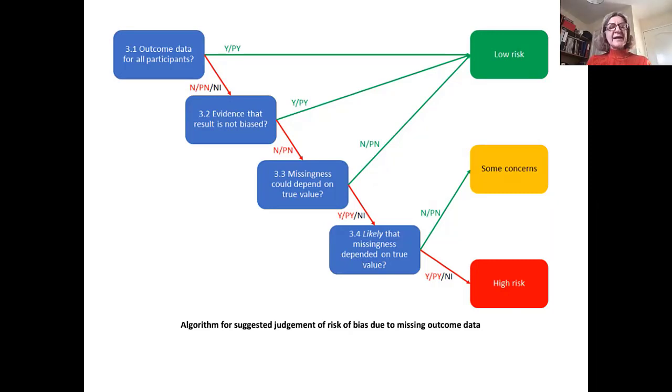Firstly, was outcome data available for all or very nearly all participants? And as we move through the signaling questions, we're asking if missingness could depend on the true value of the outcome, and is it likely that the missingness in the data depended on the true value of the outcome?